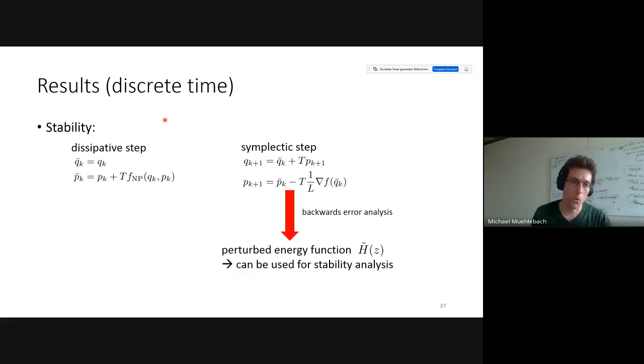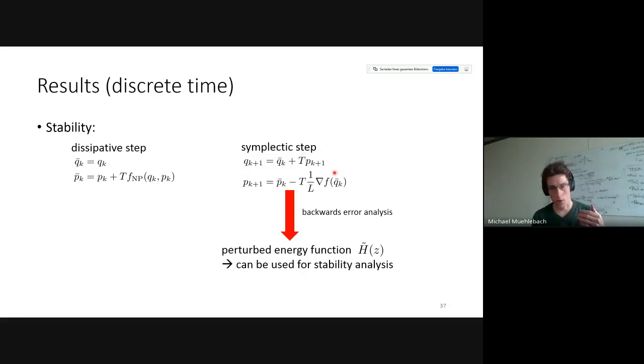So let's discuss the stability question. We can take advantage of the fact that this discretization scheme can be divided into this dissipative step and this symplectic step. And because this step is symplectic, we can apply backwards error analysis, and we can find a perturbed energy function, which is almost exactly preserved over this part of the step.